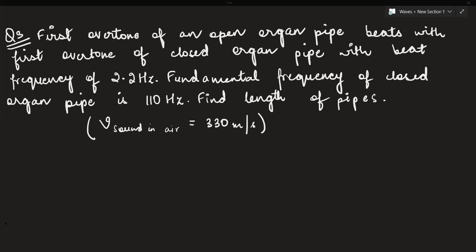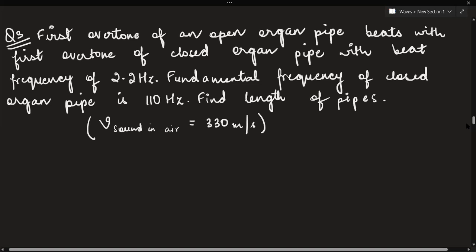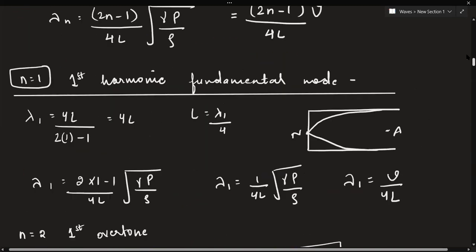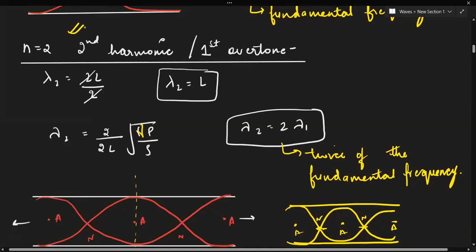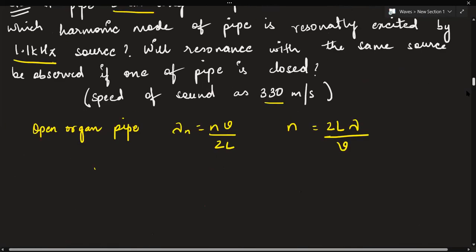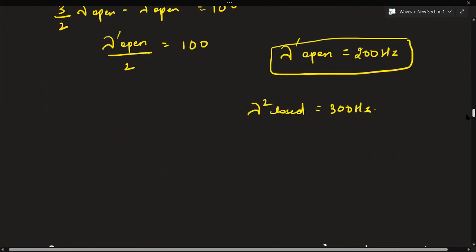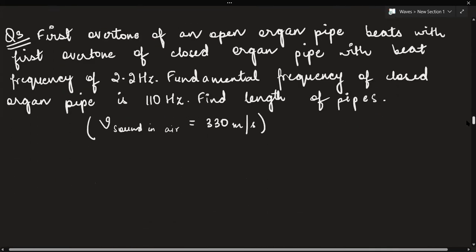First overtone means n equals 2. See, for the second harmonic only, we get the first overtone. Then for the third harmonic, we have the second overtone. Then for the fourth harmonic, we have the third overtone. So if it says first overtone, then which harmonic is it? Second. All right.